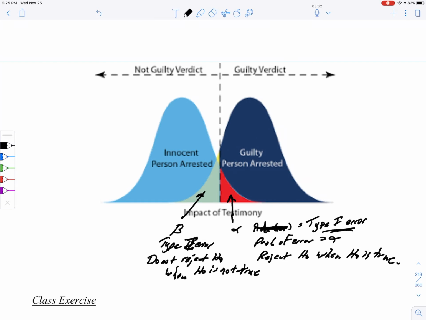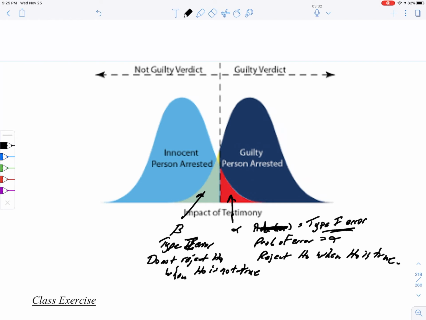So in other words, the person really is guilty, but we don't have enough evidence. And so we conclude, therefore, that the person is not guilty and the person goes free. We've made an error and we've let a criminal out onto the street. So that is a competing error.